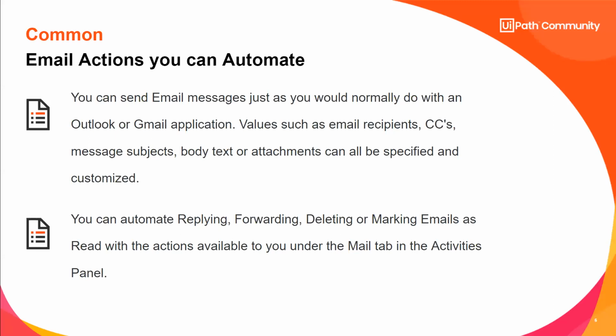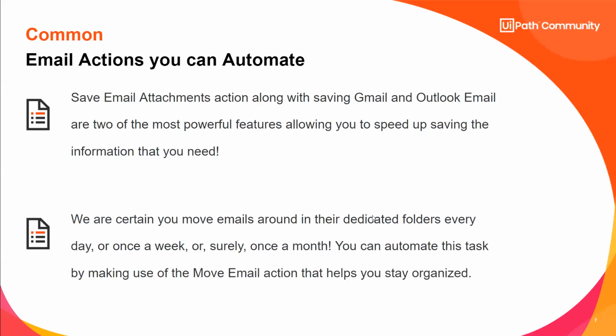You could have an email box, and in your account, you don't want certain mails. You're always fond of going through your email account and deleting some mails. You could have a bot that can delete those mails for you instead of you doing it manually. Then we could also automate things like downloading or saving email attachments, whether it be Gmail or Outlook.